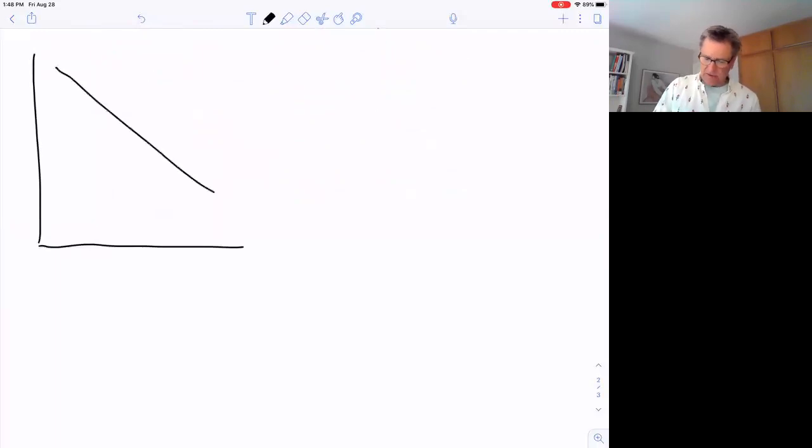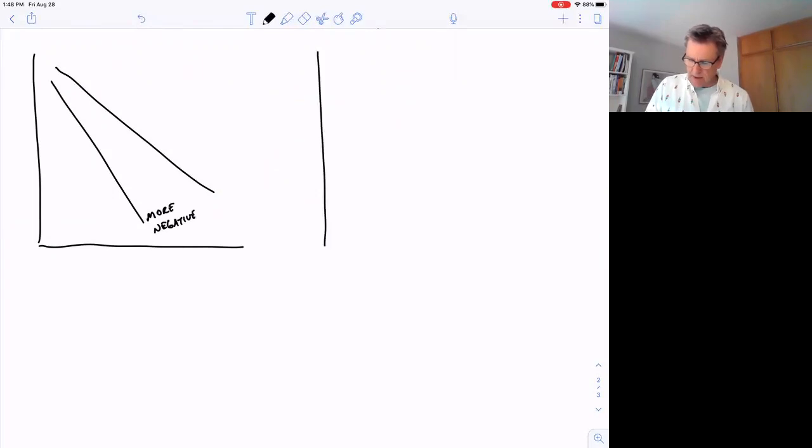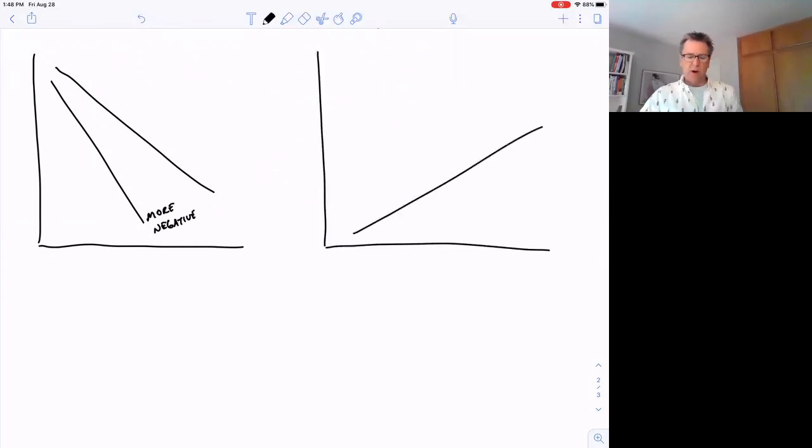So a negative slope points downward, and a line that's even steeper is even more negative. A positive slope is the line is pointing up, and if it's steeper, it's even more positive.